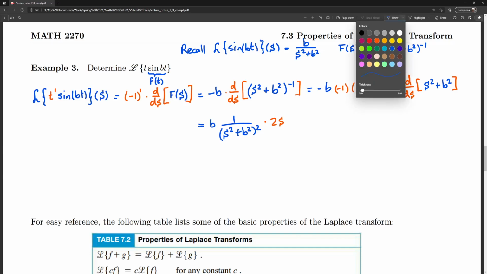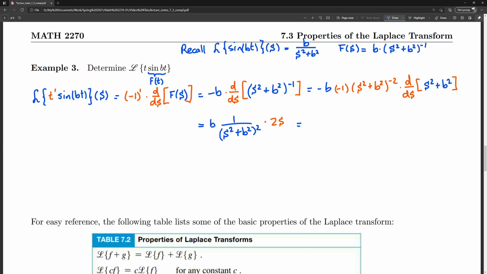When we combine all of that together, we get 2b times s all over s squared plus b squared, squared.